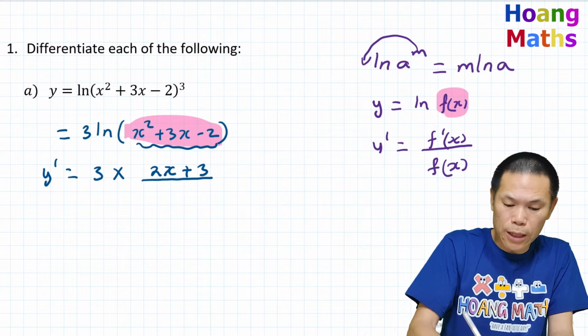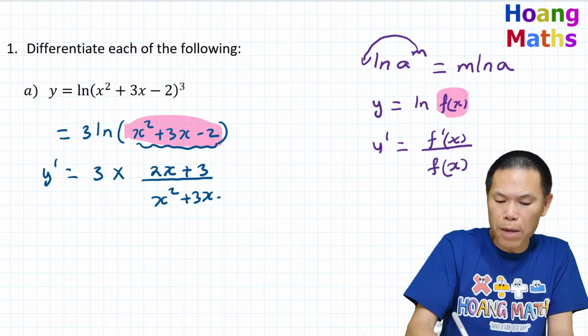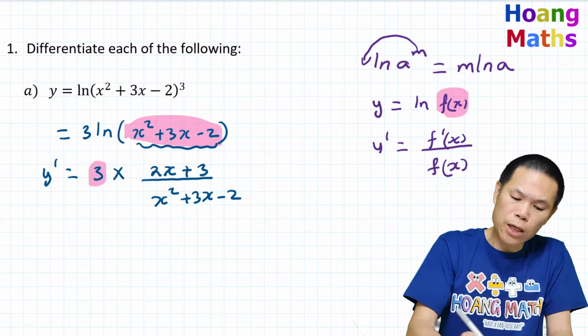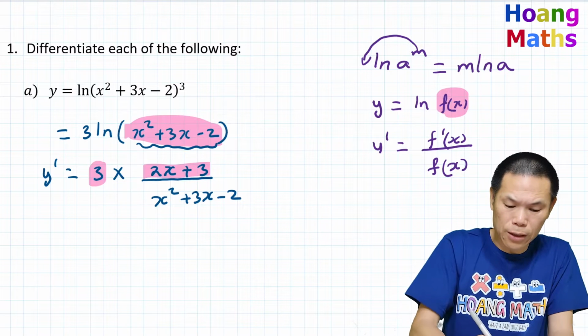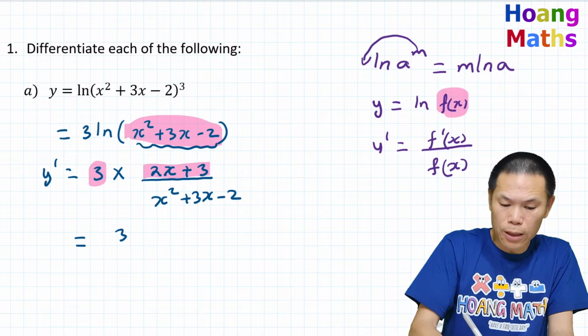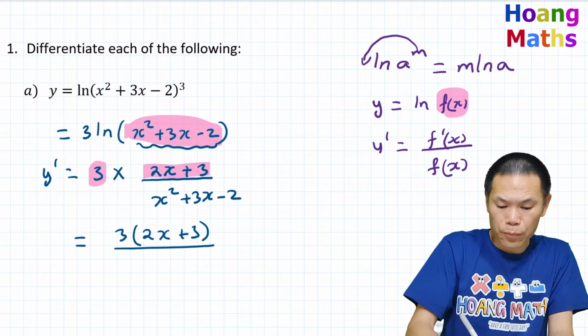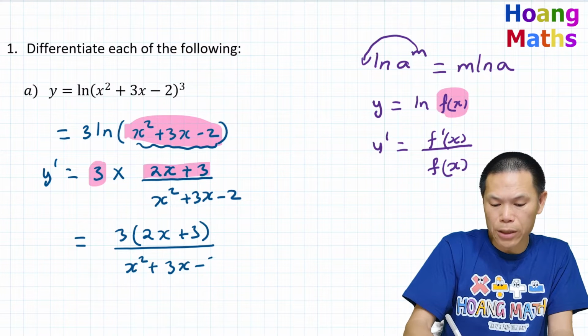Let me just write this down. That is x squared plus 3x minus 2. Now we just simplify. We go 3 times this, so I just write it in bracket form first. That would give me 3 times (2x plus 3) over x squared plus 3x minus 2.